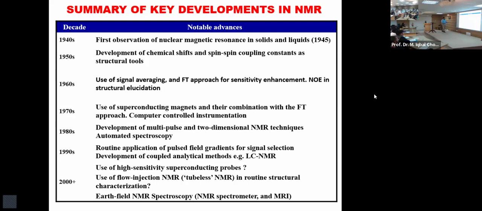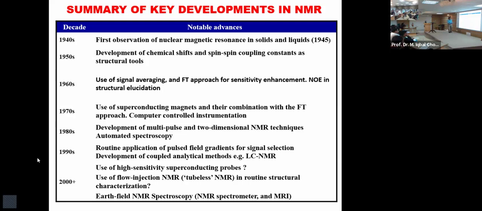And then at some point in time, they said, okay, this technique is so absolutely insensitive that they have to do something. So they started working on sensitivity enhancement, nuclear Overhauser effect, signal everything. And in the 1970s, superconducting magnets were developed, and the FT approach was used in NMR.